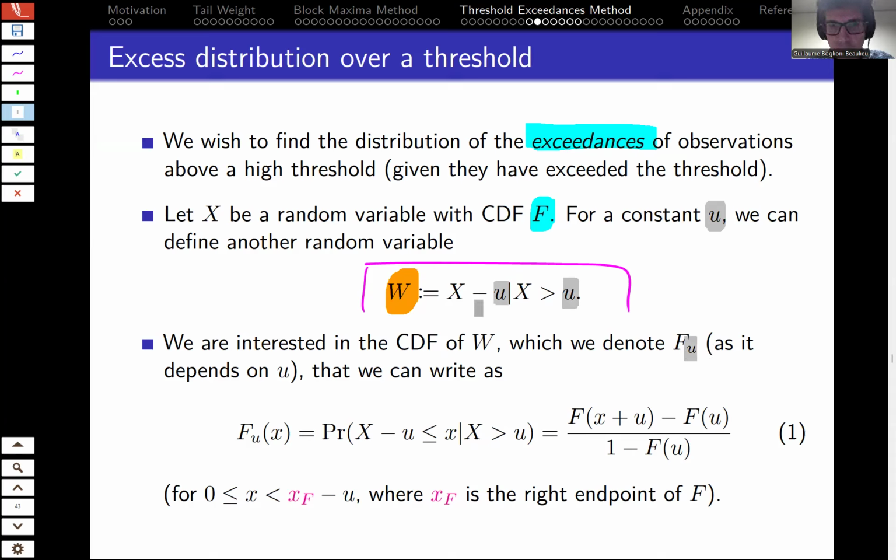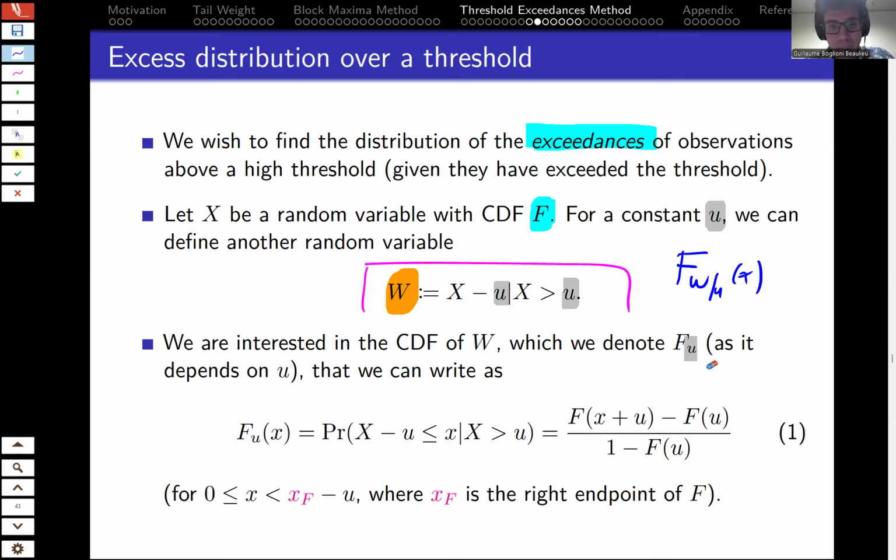So that's the CDF of W. Maybe a different notation could have been F_W, but then I would have needed to write W given a certain U. So here it is understood that big F_U is the CDF of this W, but specifically for a certain U, because usually the distribution won't be the same for varying U's. This is why we need a little U over there.